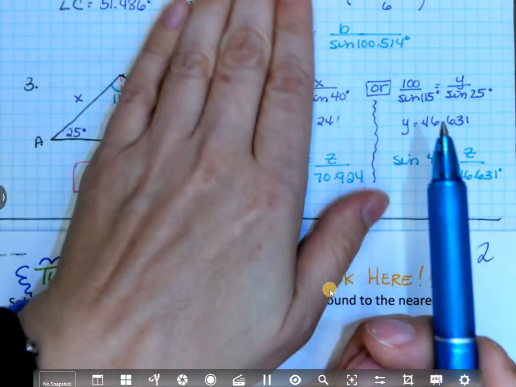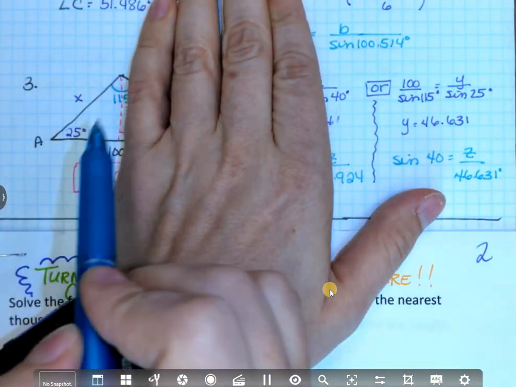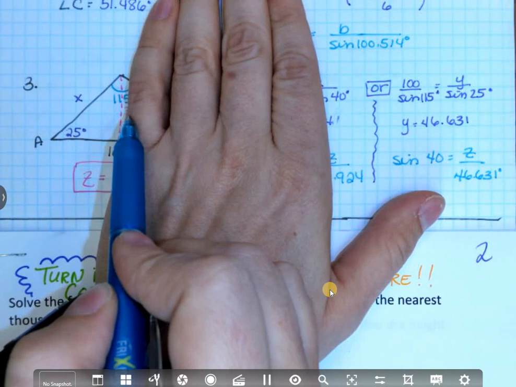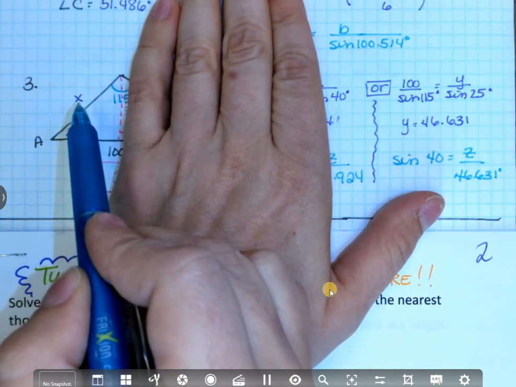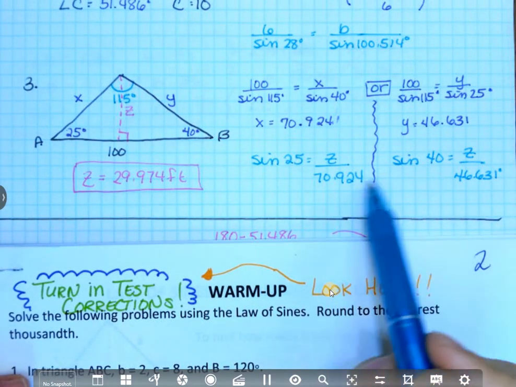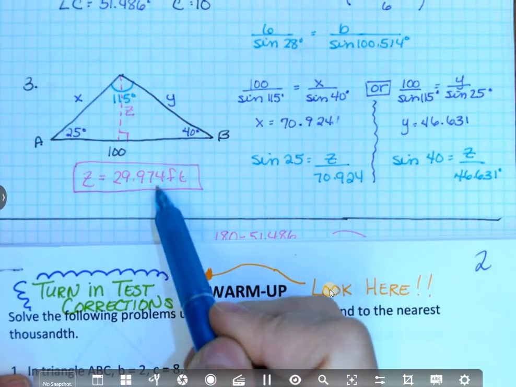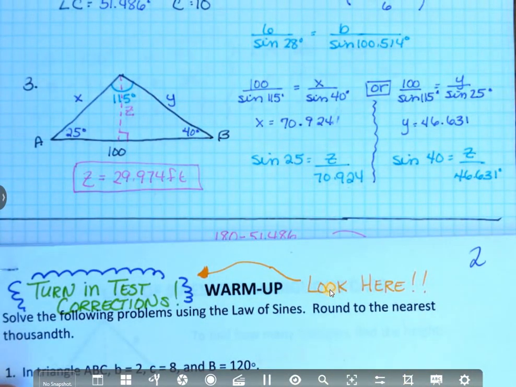So either using that triangle or this triangle here, I have the angle and I'm looking for opposite, and I would have already had the adjacent. So that tells me you would use sine to solve it, depending upon which one you found. And either way, you should get 29.974 feet for both of those.